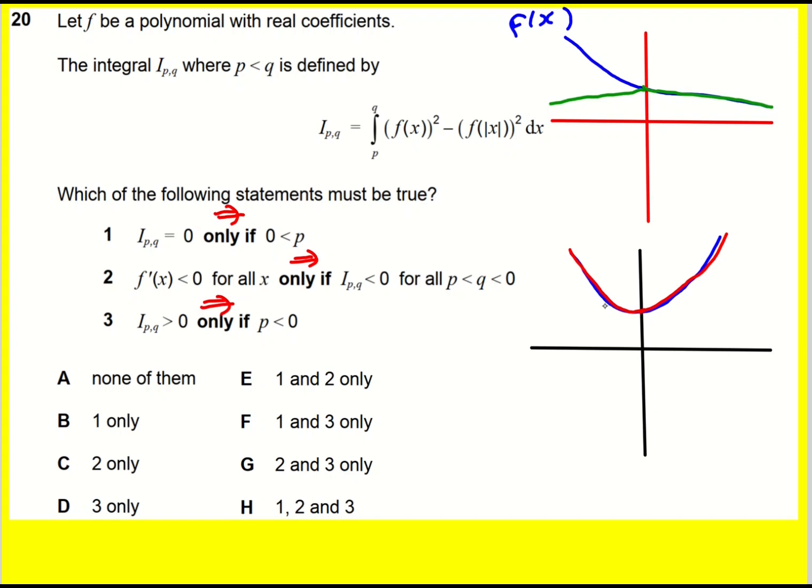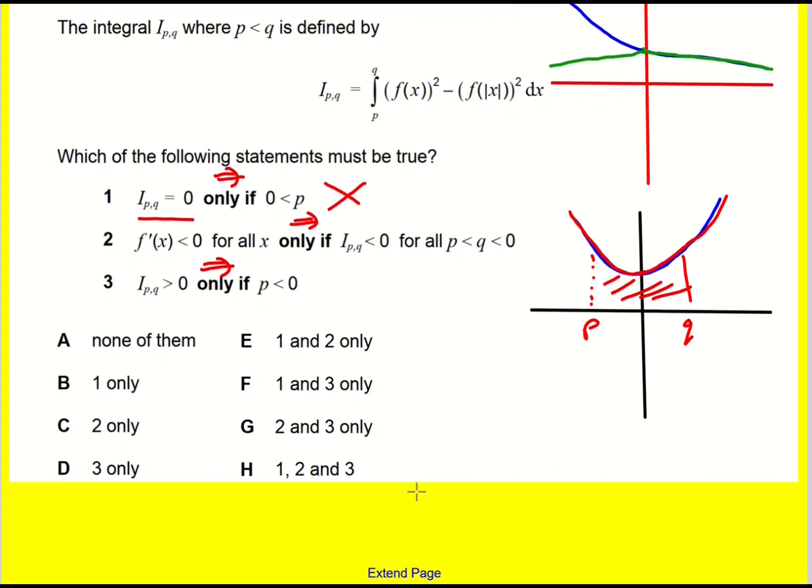But now, if I find the integral between p and q here, for example, then both of them are going to be exactly the same, and I would get 0, which means the integral being 0 does not guarantee that p is greater than 0. It depends on the function. So this one is not necessarily true.